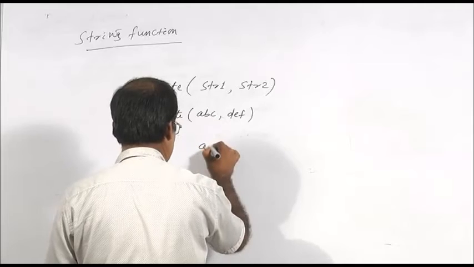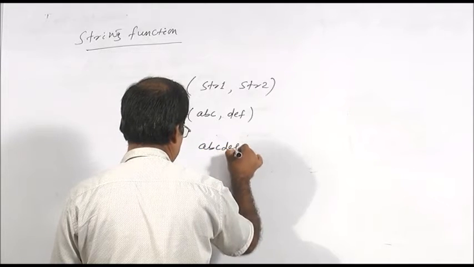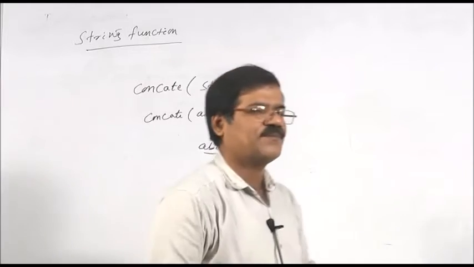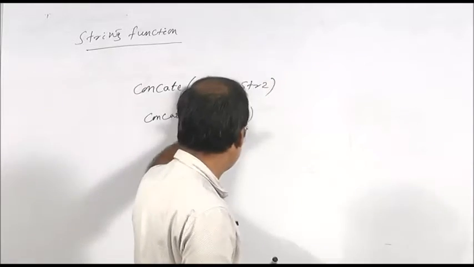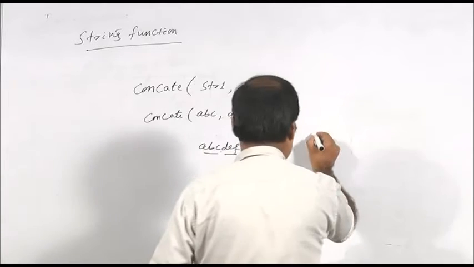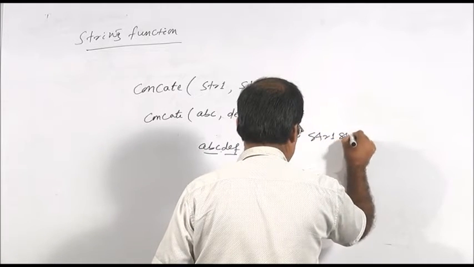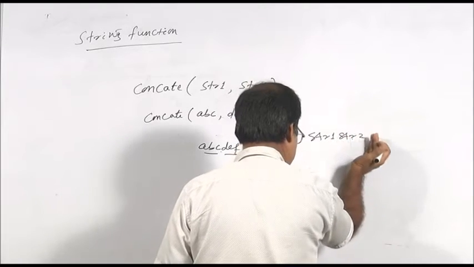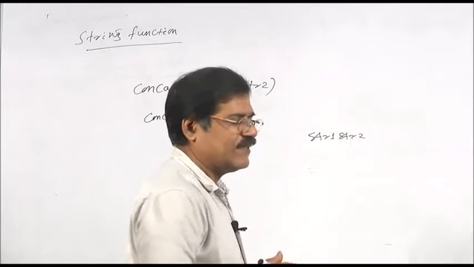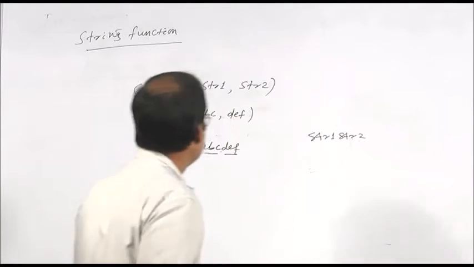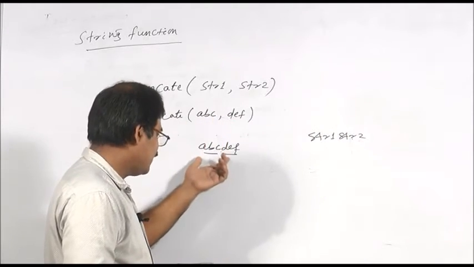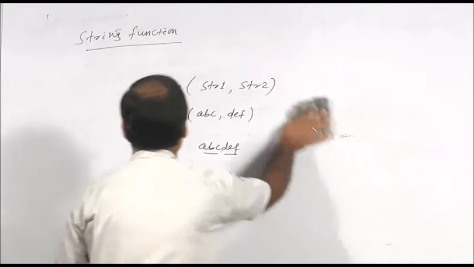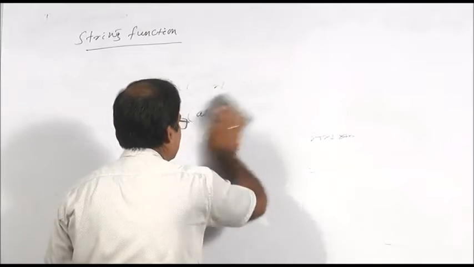What is your output? Your output will be ABCDEF. DEF is concatenated with ABC, so first is your first string, then the second string. The output is string 1, string 2, not string 2 first and then string 1. String 2 is concatenated after string 1. So both strings are concatenated and the output will be A, B, C, D, E, F. This is your concatenation.